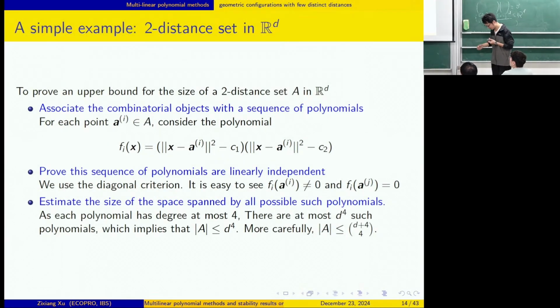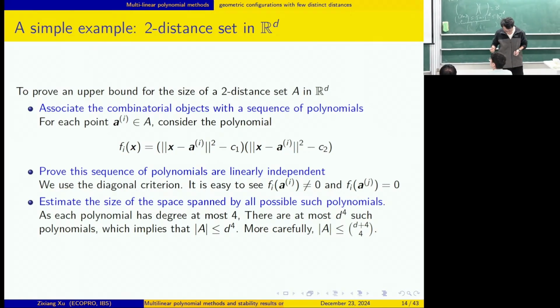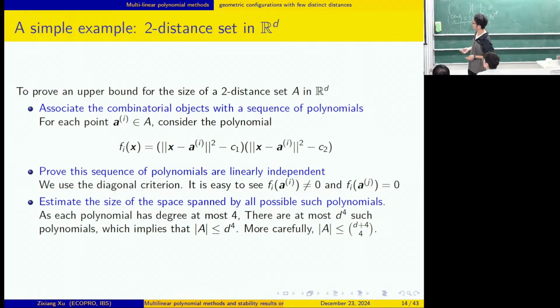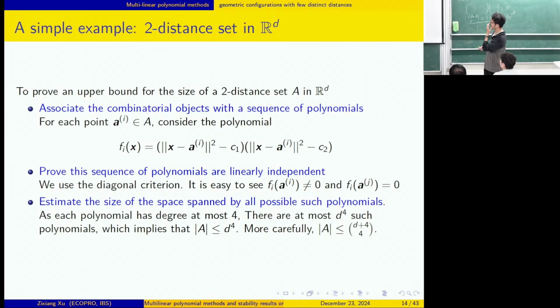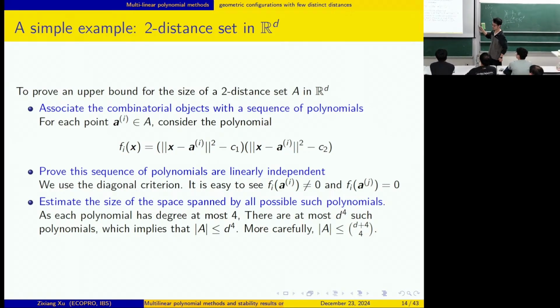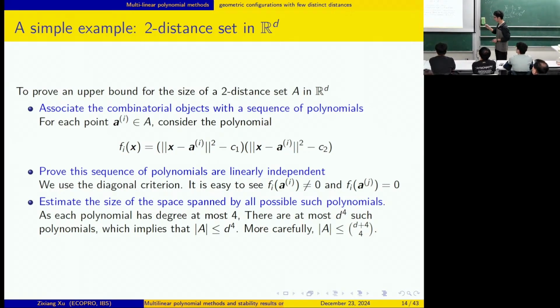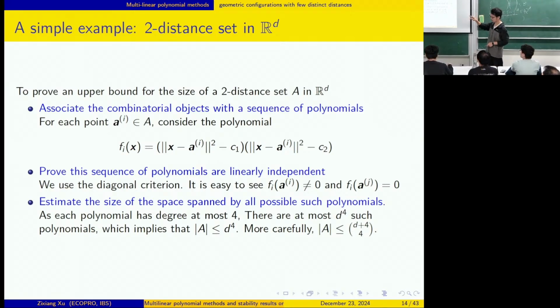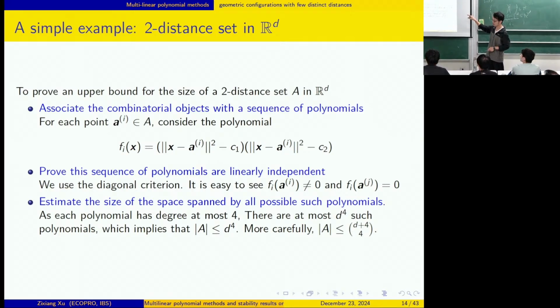So let's try the 3 steps I just listed. First, to upper bound the size of the two-distance set, we first associate a sequence of polynomials. For each point in A, we design the polynomial in this form. Suppose the distances are square root of C1 and square root of C2.